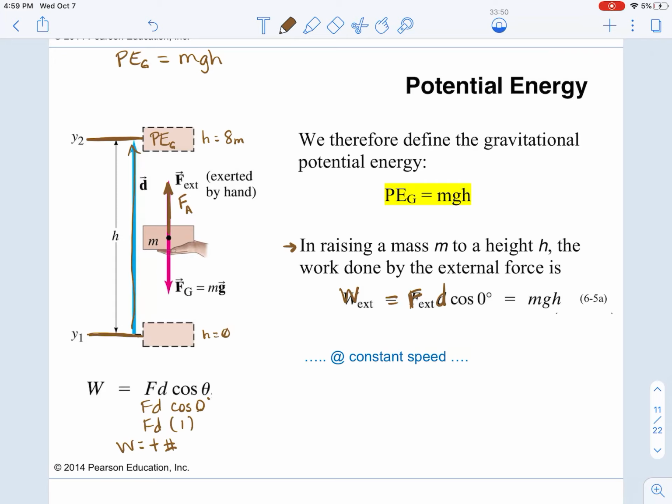Now, if I were to try to calculate how much work was done, then I would need to be able to take that force value, and if they didn't tell me what it was, then I would need to calculate that. So how would we go about calculating that? Well, in this particular example, my object must be moved here at a constant velocity, because what we can see from this illustration is that they have drawn my applied force and my gravitational force vectors as equal.